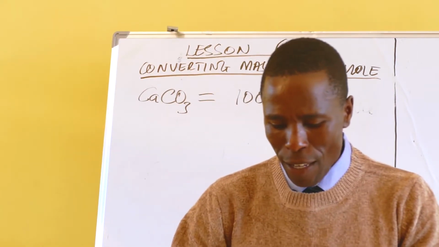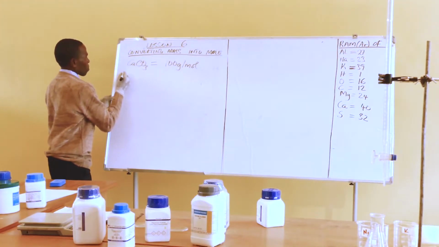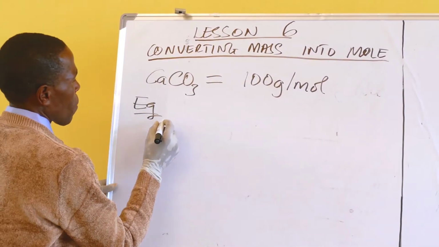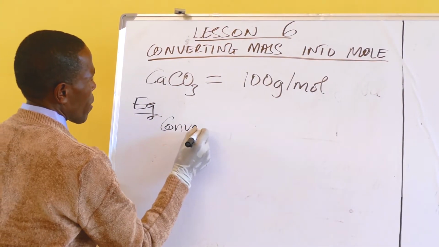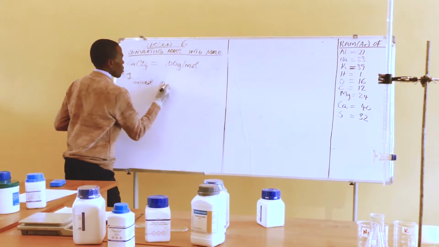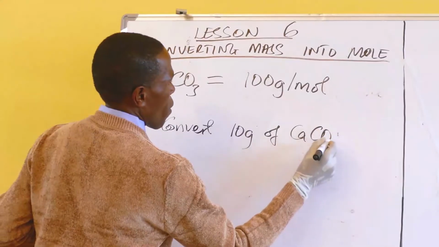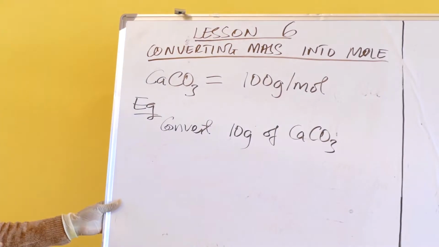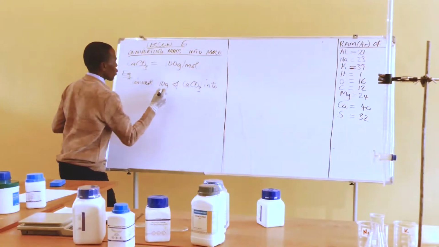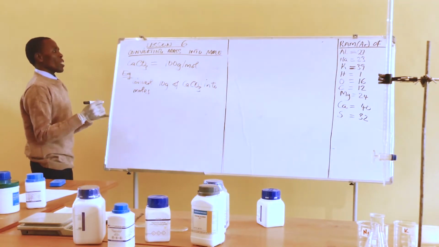For example, if somebody needs to convert 10 grams of calcium carbonate into moles, this is very simple.